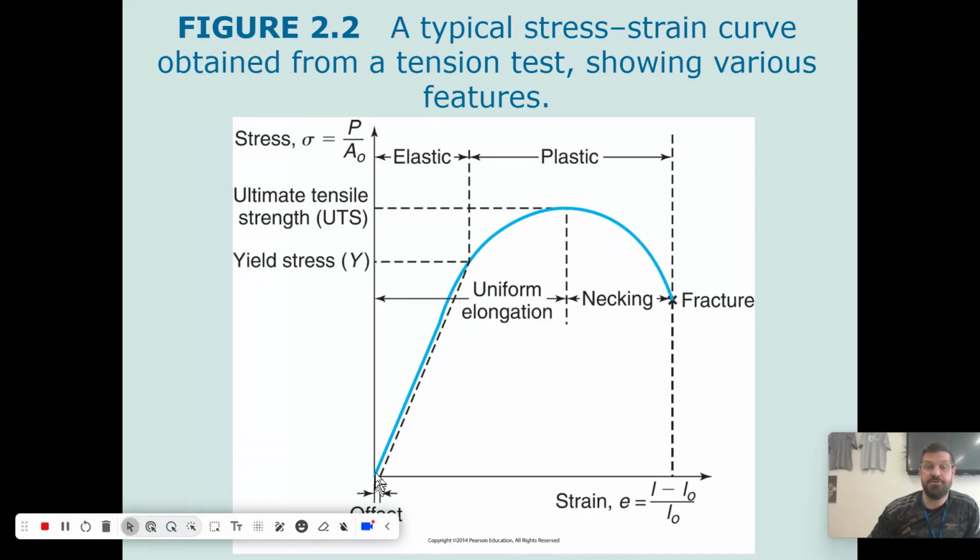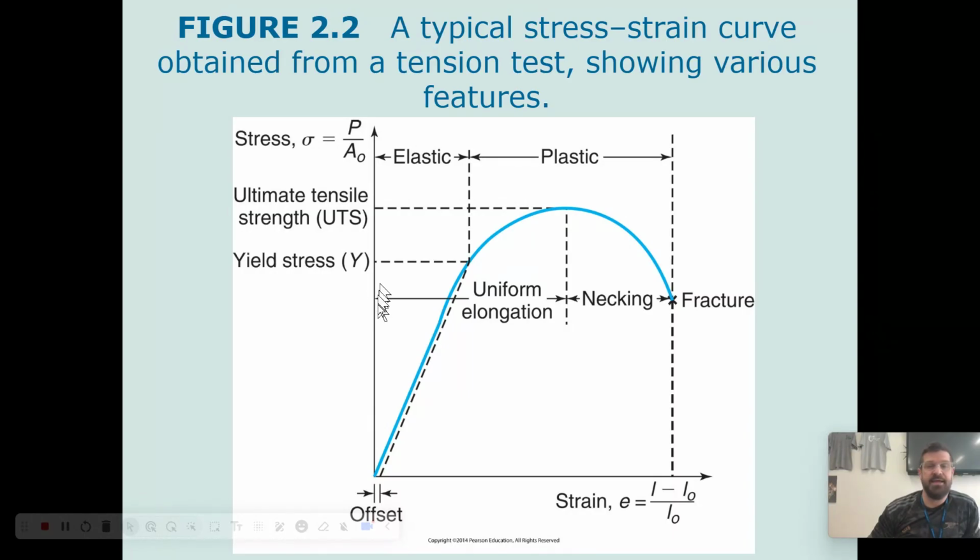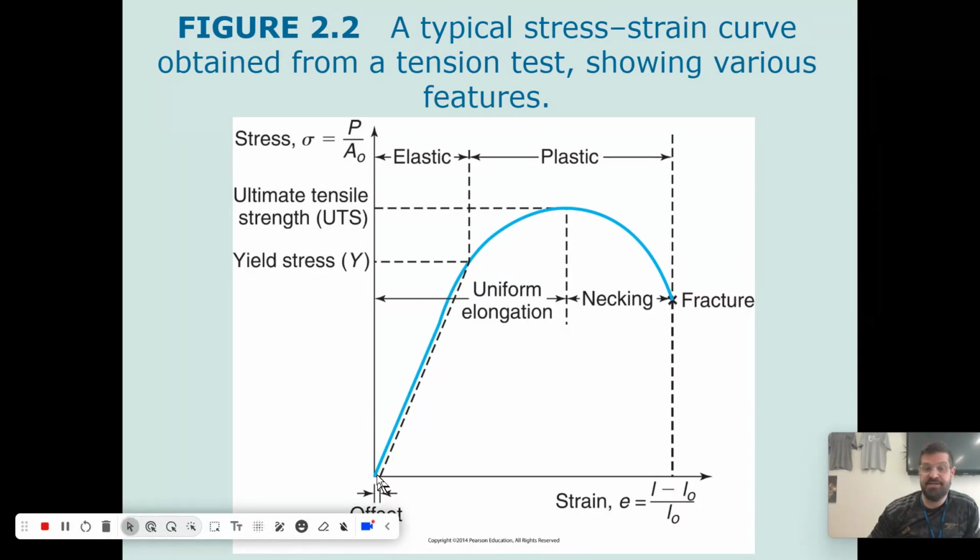What this graph shows you is that as you're pulling on an object during the tensile stress test, for the first amount of force that you're pulling on it, it's stretching out. As you can see, as I exert more and more force, which is shown on the y-axis, the x-axis is getting a little bit longer, a little bit longer, a little bit longer.